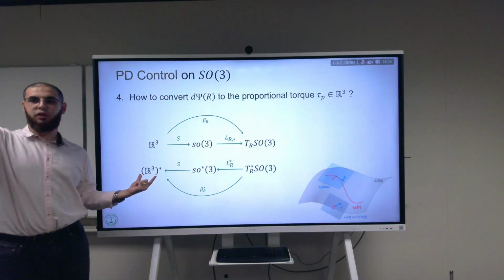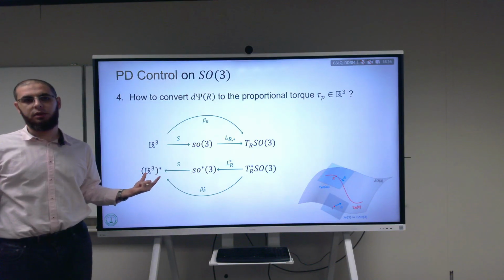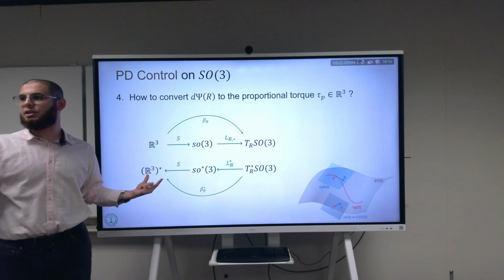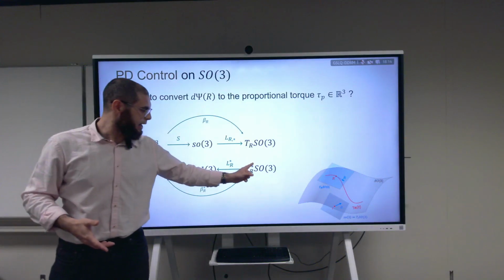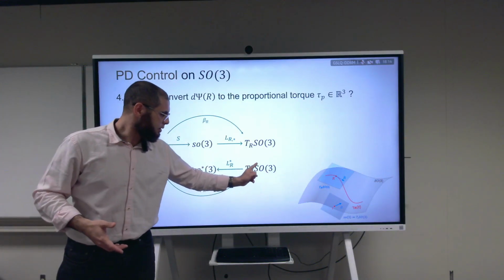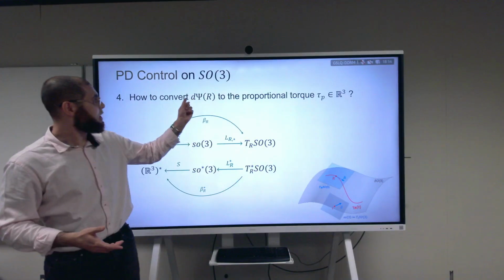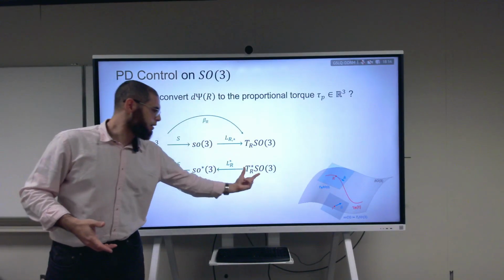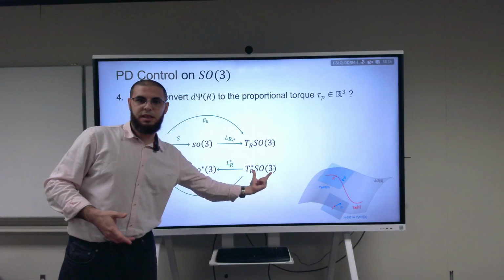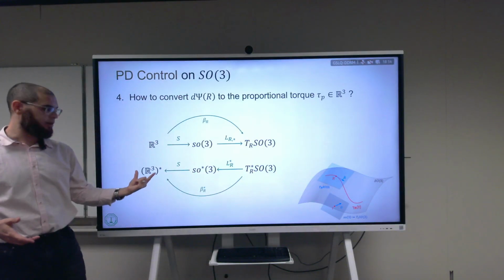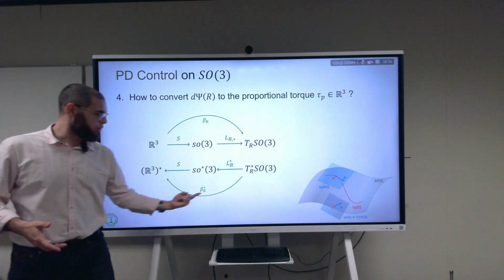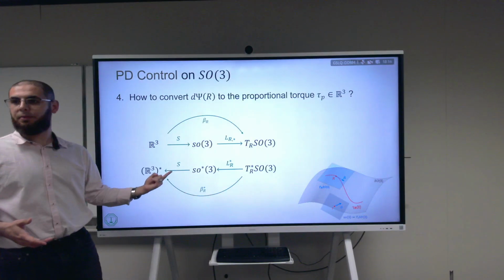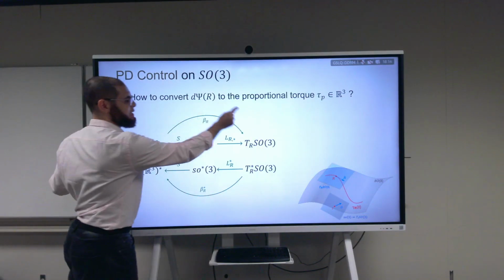And of course, you're thinking of the torque as 3 numbers. However, as you know, torques, forces, and wrenches are all actually covectors. So if I want to relate the differential of psi as a function of R, which lives in here, and bring it back to a vector, which is a torque, I can simply compute it through the dual map that takes it from this space to that space.